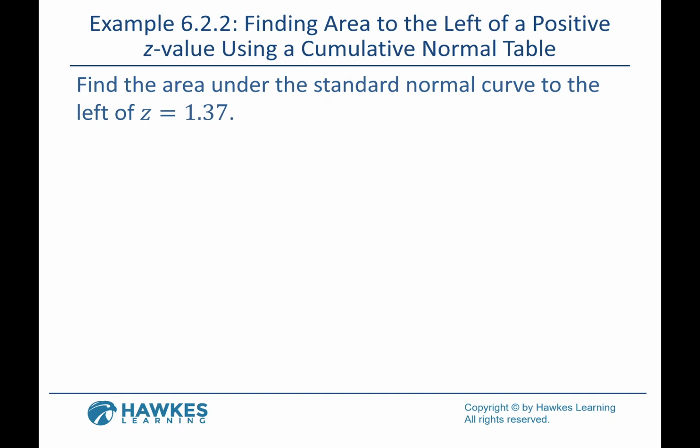Before we can answer this question, we have to figure out what information our tables actually give us. If you go to side A, but I think it's on both sides, it tells us numerical entries represent the probability that a standard normal random variable is between negative infinity and z, where z equals x minus mu divided by sigma.